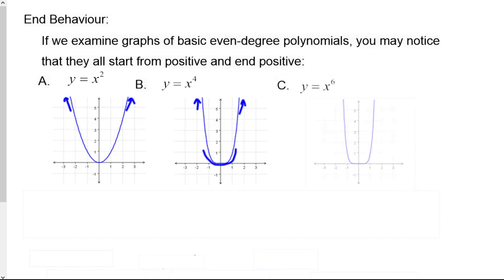Similarly, x to the sixth power falls into the same pattern. It starts from positive infinity, ends at positive infinity, and it's kind of squared off a little bit more right here at the x-axis where the 0 occurs. And if you do the 8th power, the 10th power, and so forth, this pattern still holds.